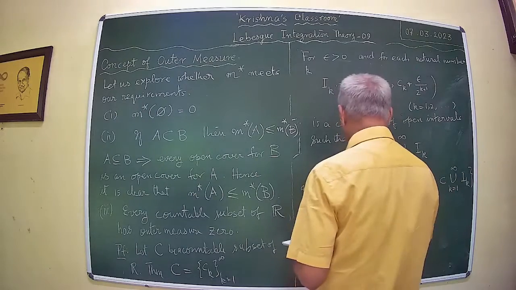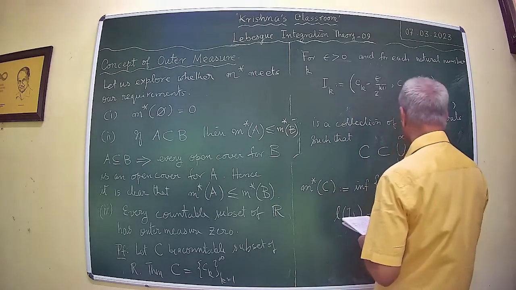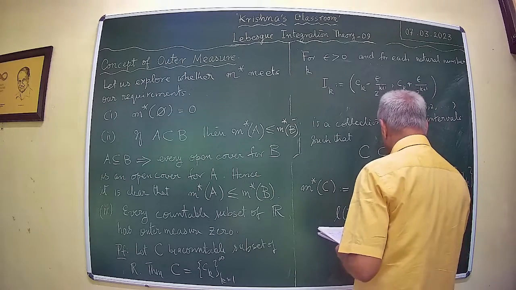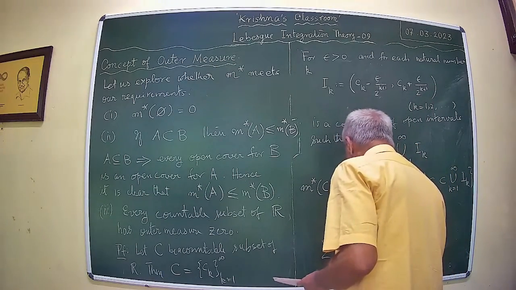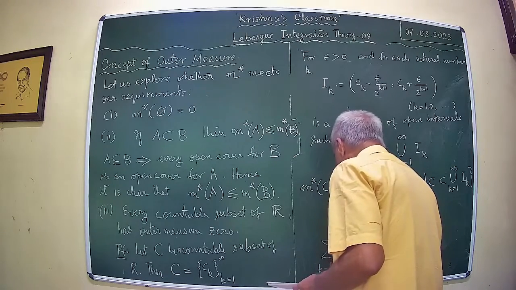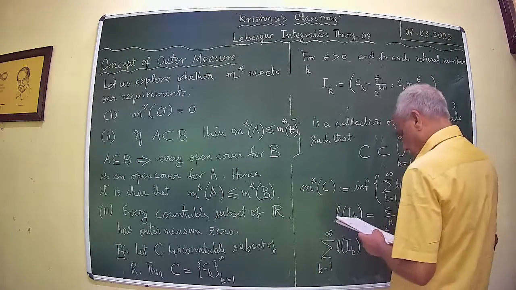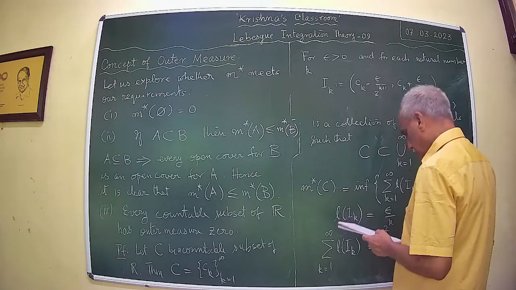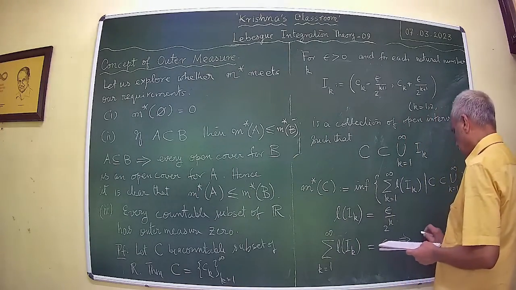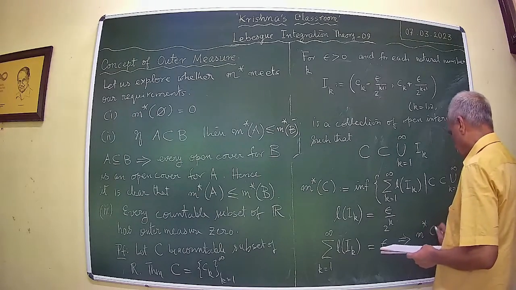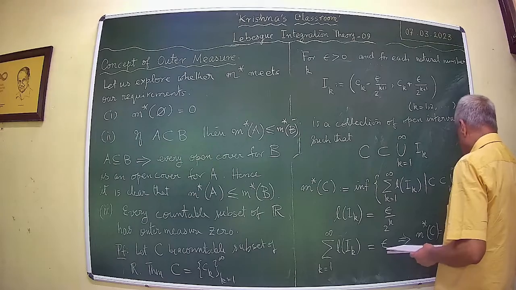What is the length of I_k? It is equal to epsilon divided by 2 to the power k. Therefore, the sum is equal to epsilon, which implies m star of C is at most epsilon, for any epsilon positive.